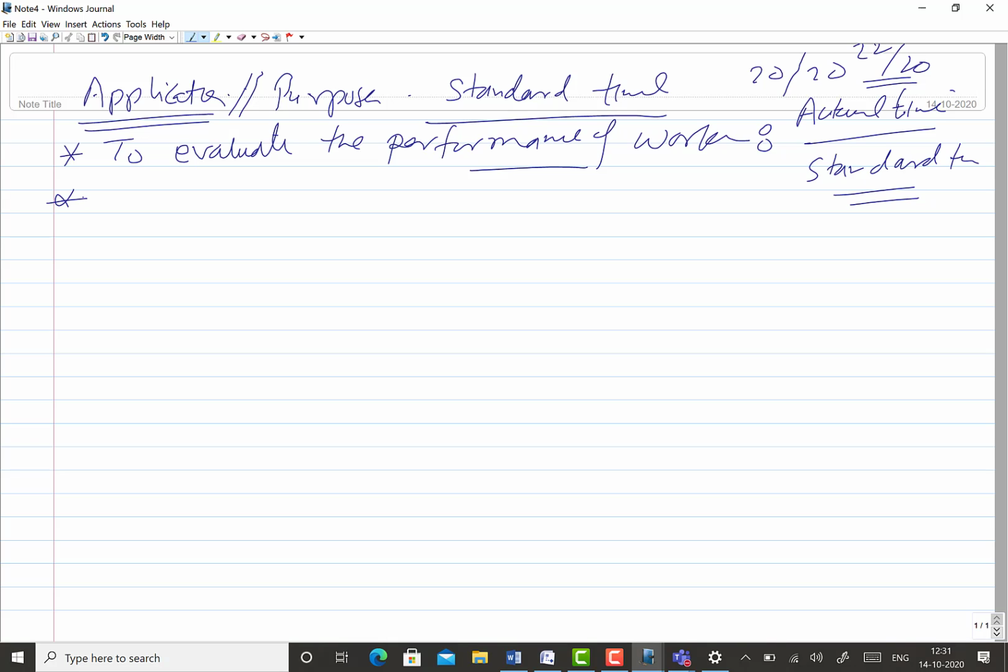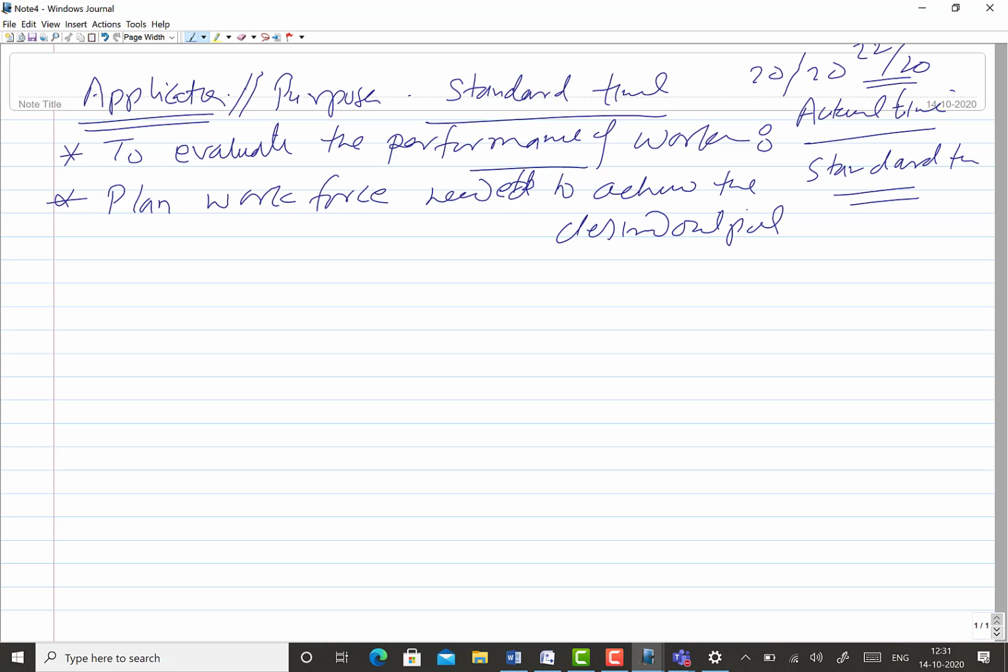Another application of the standard time is to plan the workforce needed to achieve the desired output. Like in a factory, there will be machines and workers, and using the available standard procedure, we know the standard time.